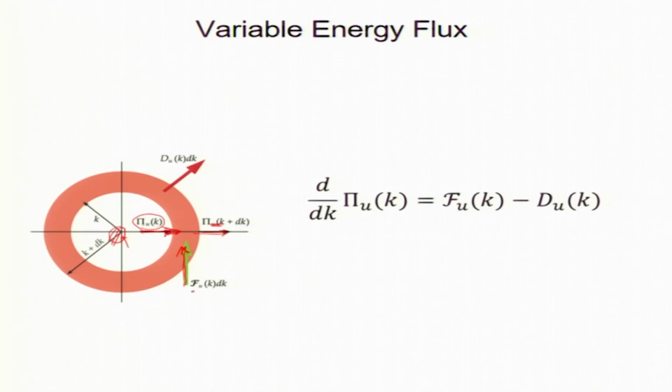So, that is a positive source of flux, but there is a dissipation in this orange shell, and that will decrease the flux. So, the competition between pi u k and d u k, and that is d pi by dk.